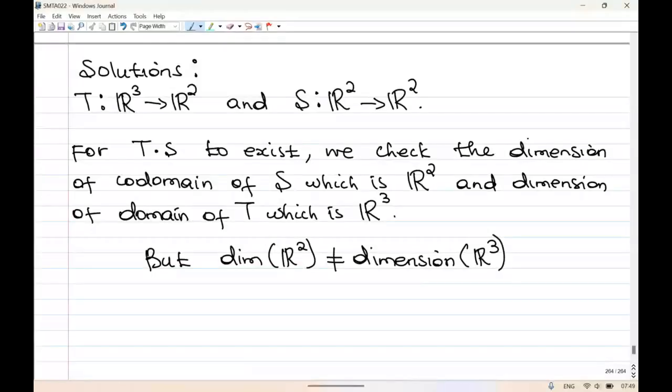Can I get yes from you? This one, 2 is not equal to 3. So the product of T and S does not exist.